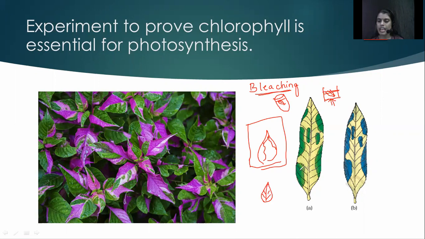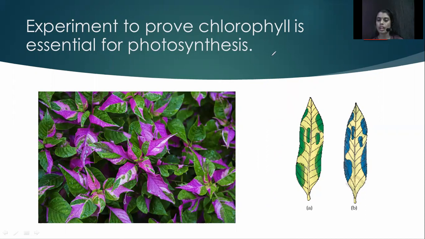Wherever the starch is stored, the color of the leaf changes to dark blue or bluish black. Got it? The parts which do not perform photosynthesis, which were not green in color, do not show any color change because there is no starch present or stored by the plant.